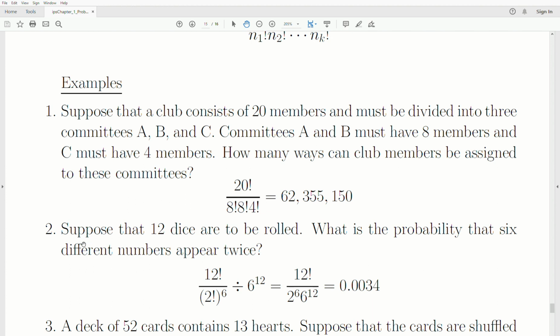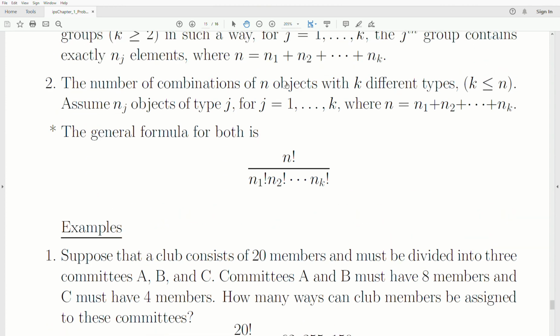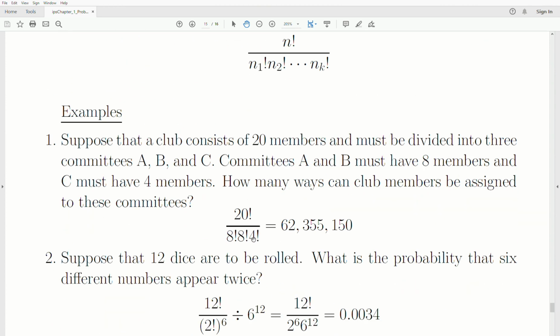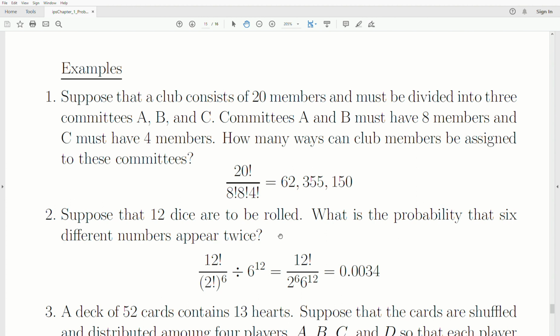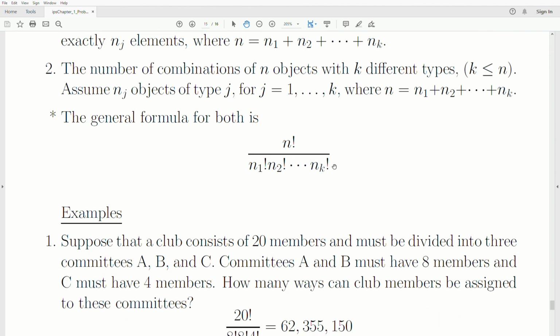Now example 2, suppose that 12 dice are to be rolled. What is the probability that 6 different numbers appear twice? And so this is actually an example of the second way to think about this multinomial coefficient. So we have 12 dice, but there's only 6 ways to roll it.